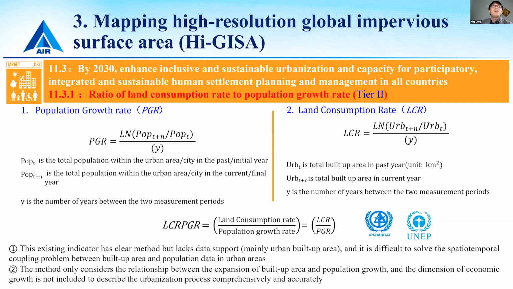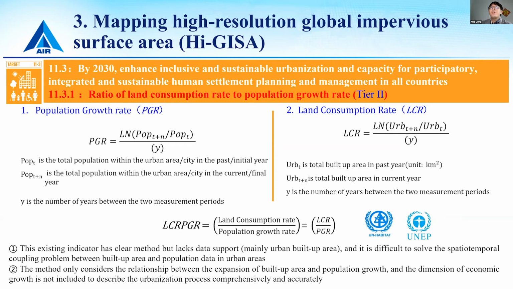Here, we first calculated the population growth rate and also the land consumption rate. Then we divided the land consumption rate by population growth rate. We get an LCR/PGR, which indicates the comparison between land consumption rate and the population growth rate.